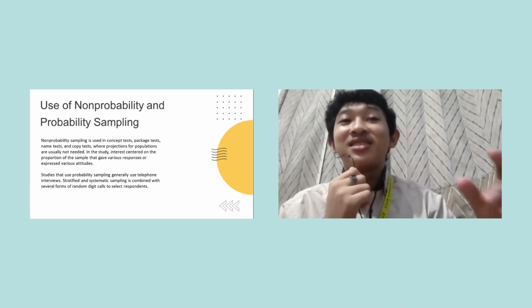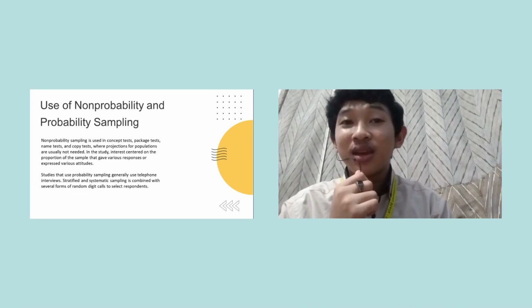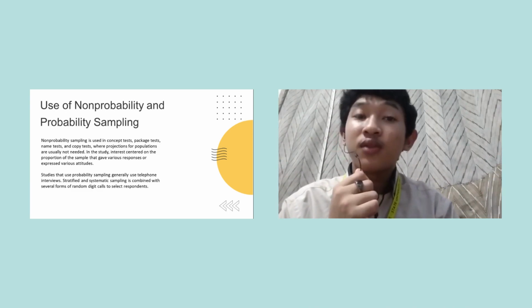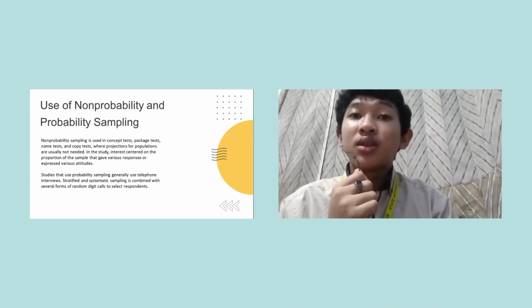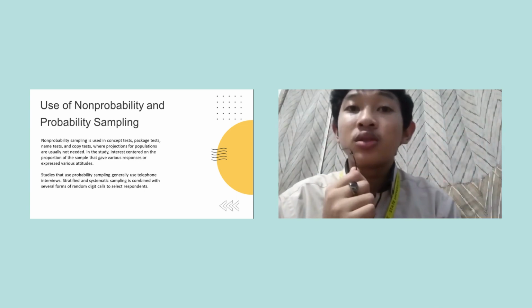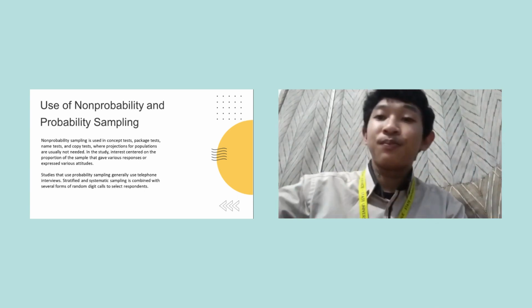Studies that use probability sampling generally use telephone interviews. Stratified and systematic sampling is combined with several forms of random digit calls to select respondents.